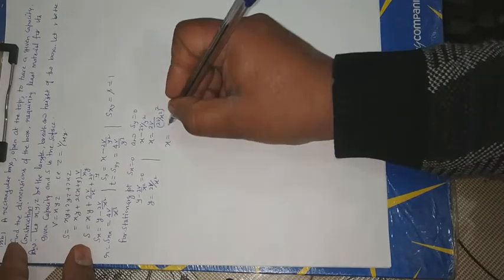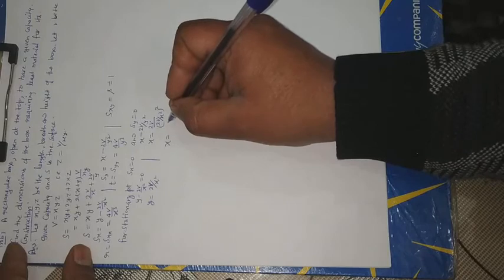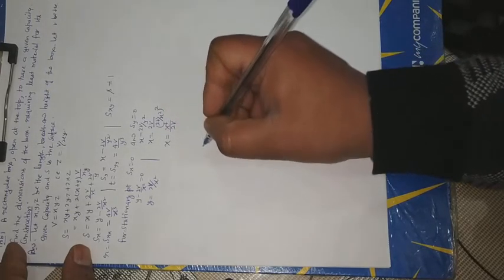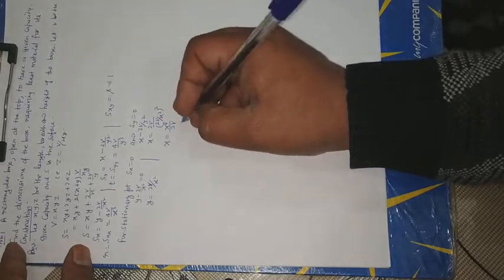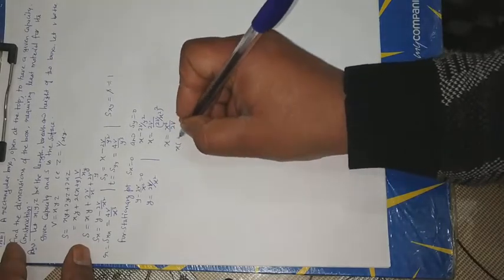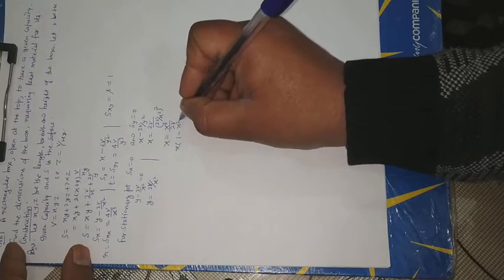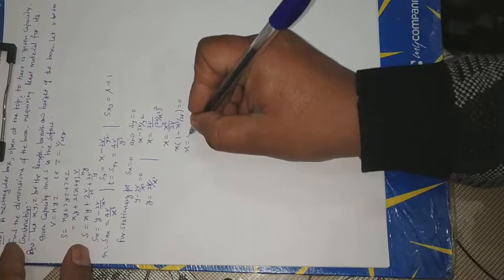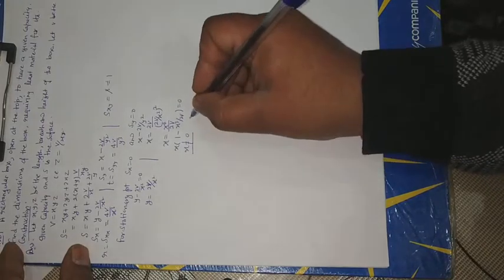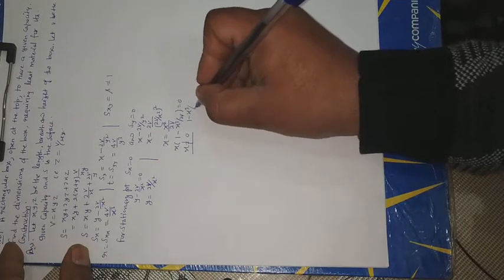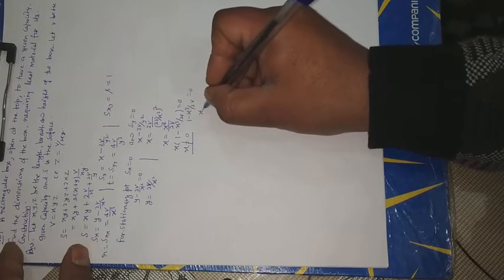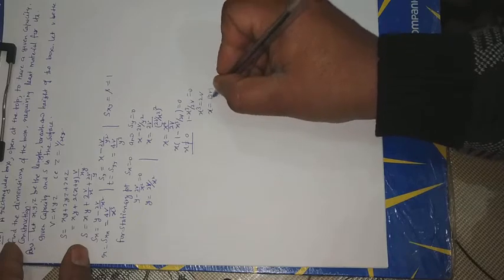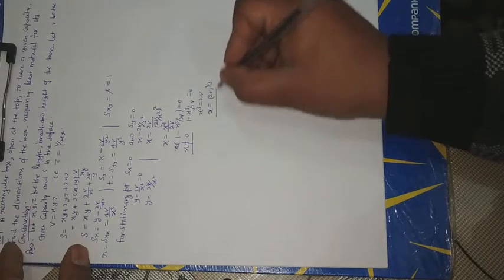This is x is equal to x to the power 4 upon 2V. Now x is common, 1 minus x cube upon 2V equal to 0. x is equal to 0 is not possible. Therefore 1 minus x cube upon 2V is equal to 0. That is x cube is equal to 2V, that is x is equal to (2V) whole power 1 upon 3.